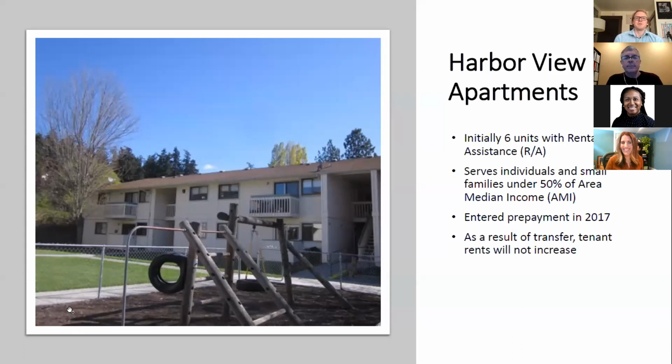So when the project was initially acquired, there were 6 units with rental assistance. I mean, that's a key thing to consider when something first goes on the market. It entered prepayment initially in 2017, opening up that 180-day window for the buyer.